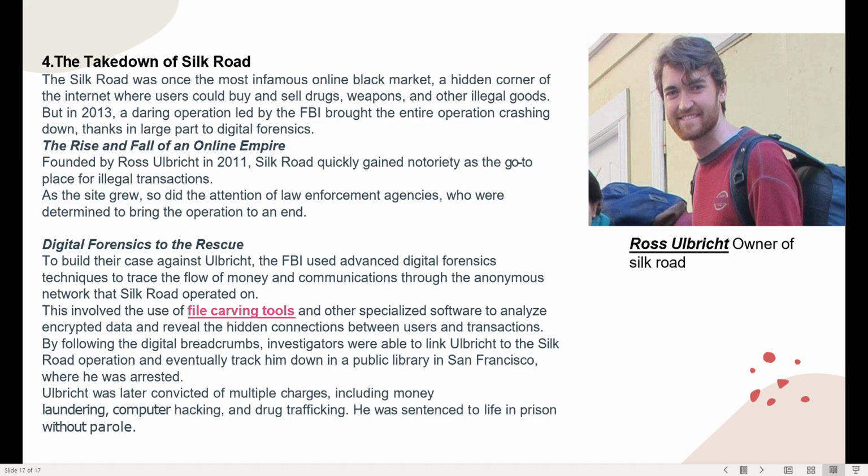So basically, what happened is that Ross was in a library one day. He was working on Silk Road, and the feds knew that he was working from that library. Two feds acted like a couple that was fighting each other.